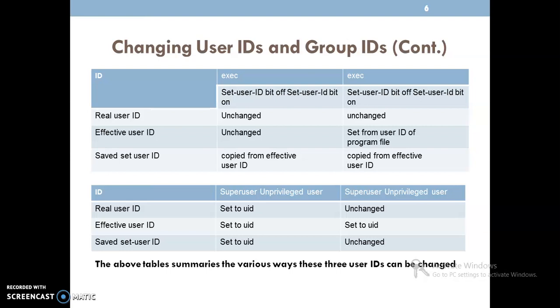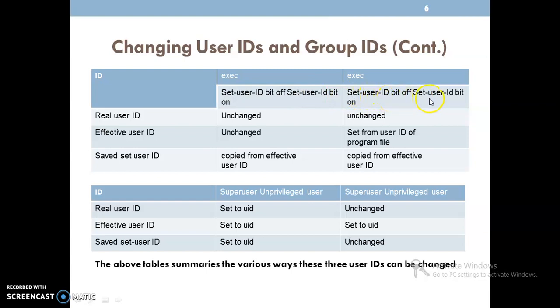Okay. In the first table, we can make some observations. ID means real user ID, effective user ID, saved set user ID. So when we call the exec functions, the set user ID bit is either off or on.